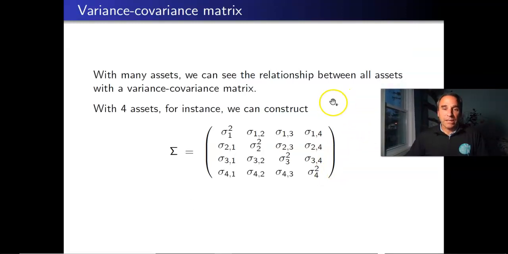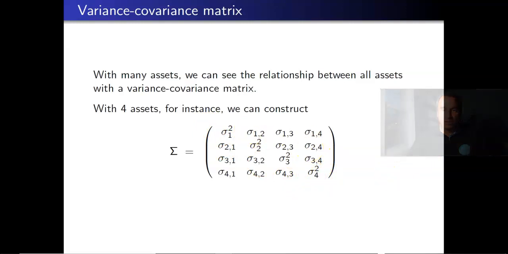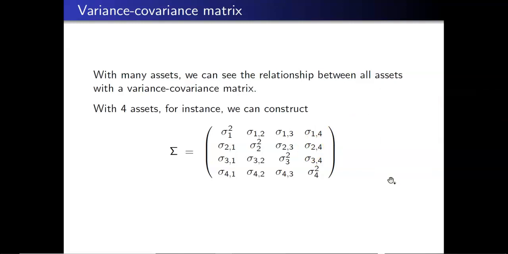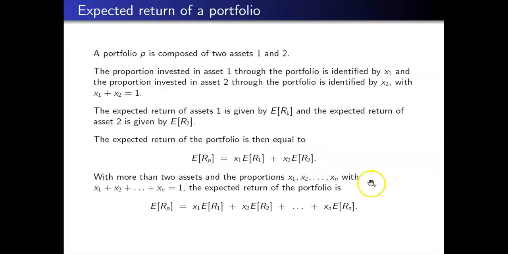If we have more than two assets, we can always construct a covariance matrix and work with it. The diagonal would be all the variances, and off the diagonal you will have the covariances. So consider a portfolio composed of two assets, 1 and 2.